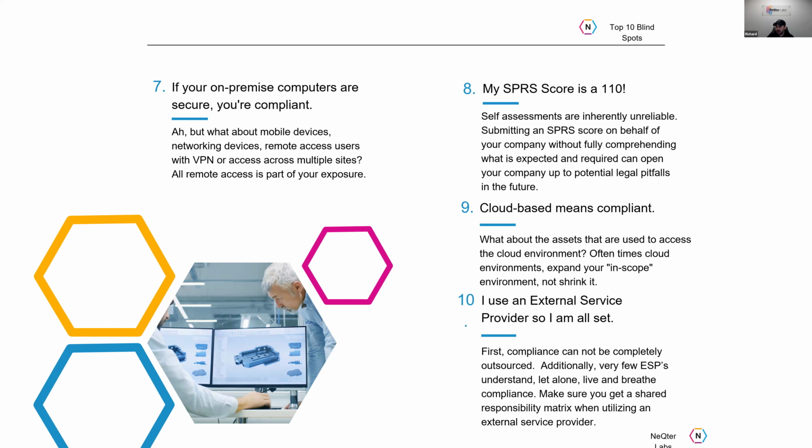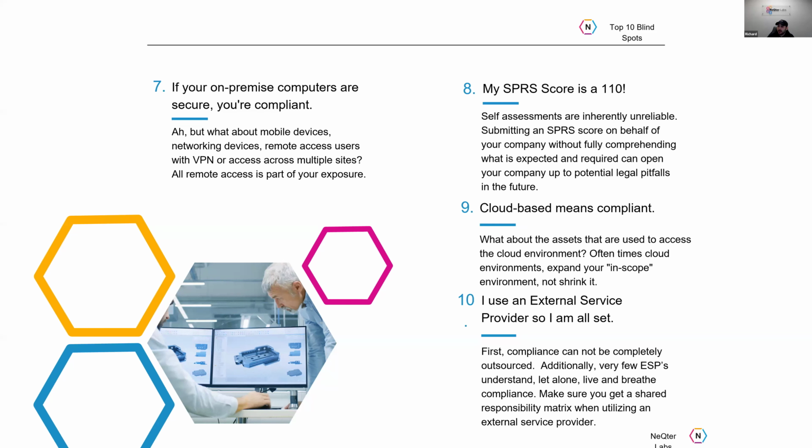So many times we see companies say, just read the top level. Yeah, I'm doing that, or interpret it as if they're doing it, and then give themselves full points, give themselves a 110 score. Well, you're leaving yourself open and vulnerable to legal pitfalls down the road. That's a red flag. I'm sure Janet might be able to talk to this at some point, but the DOJ and the False Claims Act.